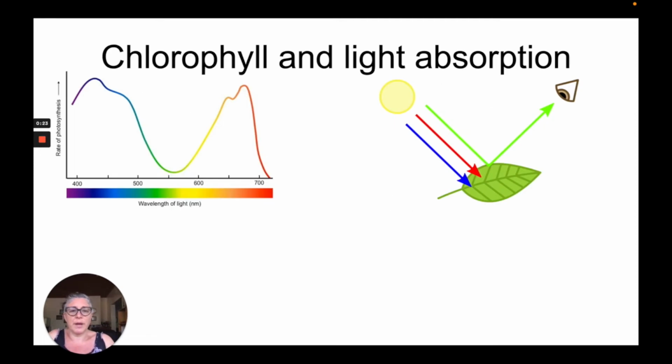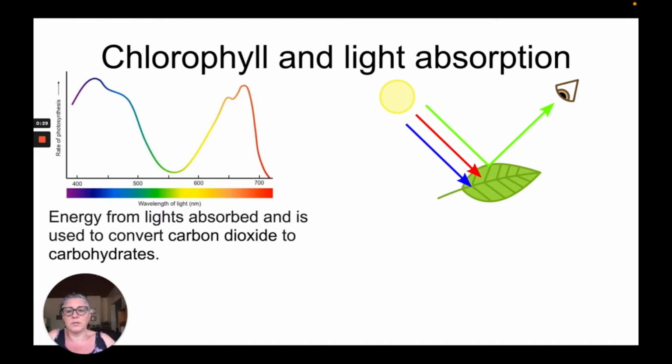So here we have two diagrams. The first diagram shows wavelengths of light in nanometers, and on the y-axis is the rate of photosynthesis that occurs. We can see that rates of photosynthesis are extremely high in the purple to blue wavelength, which is below 500 nanometers.